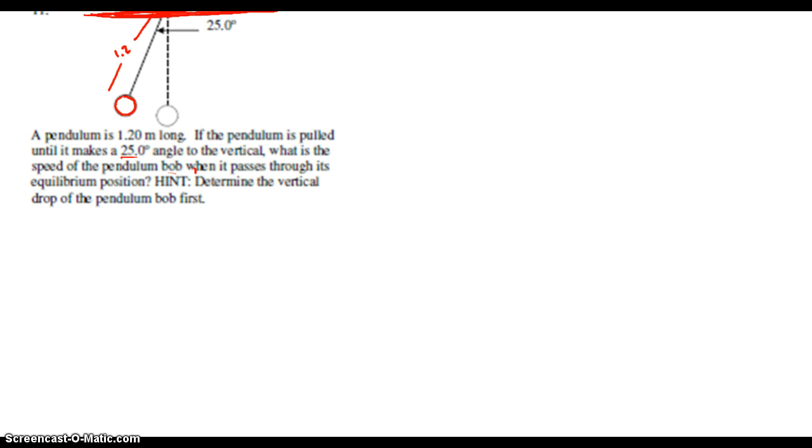So let me say that here is where my height is equal to 0. We could have made that spot down here as well, but that's where my height is equal to 0. The hint tells us to determine the vertical drop of the pendulum first.